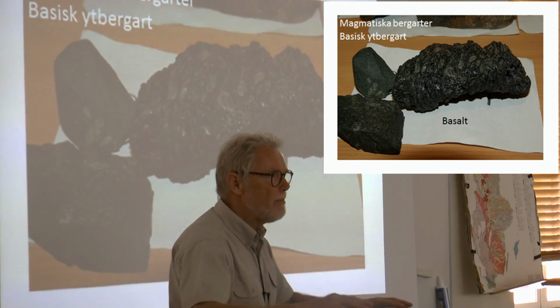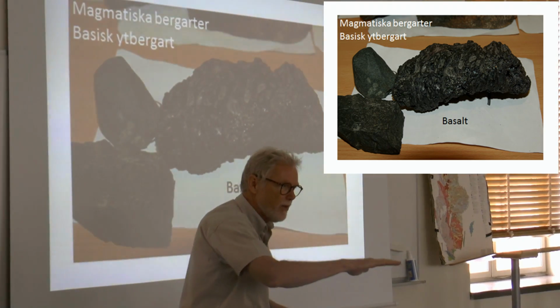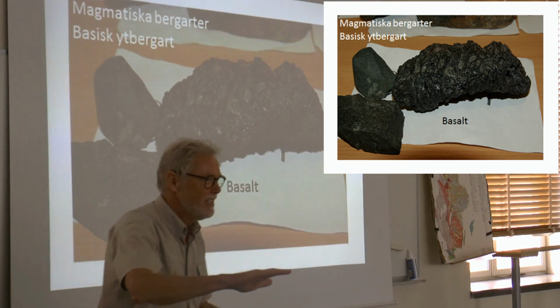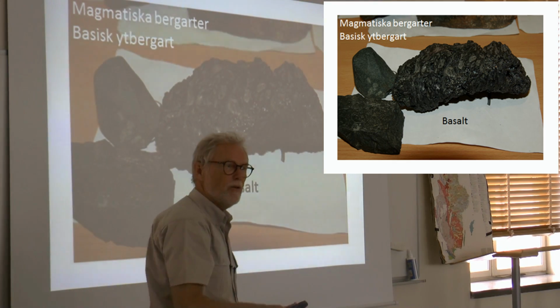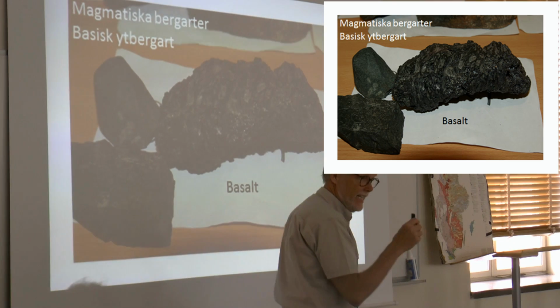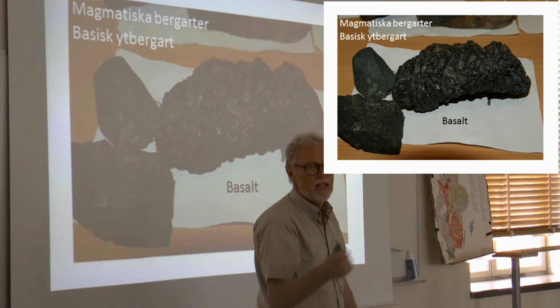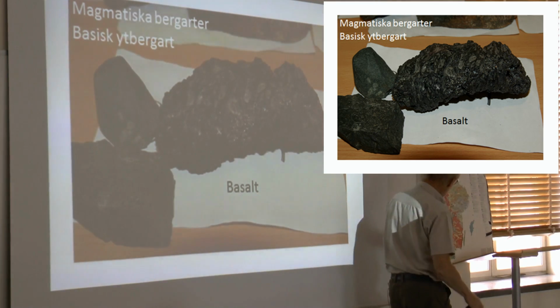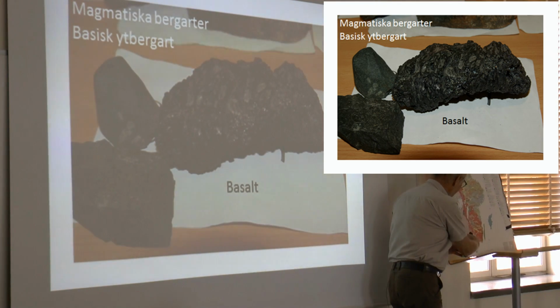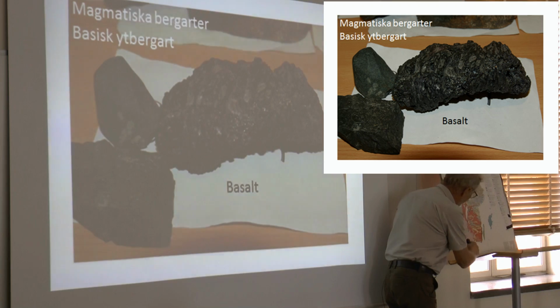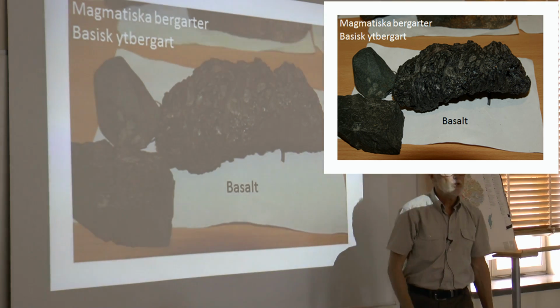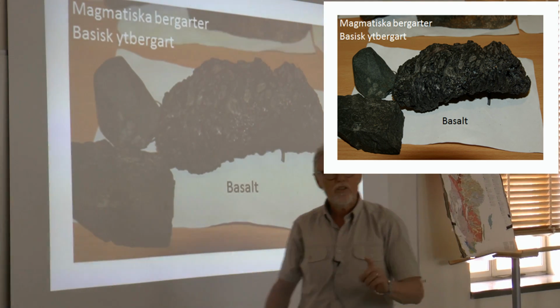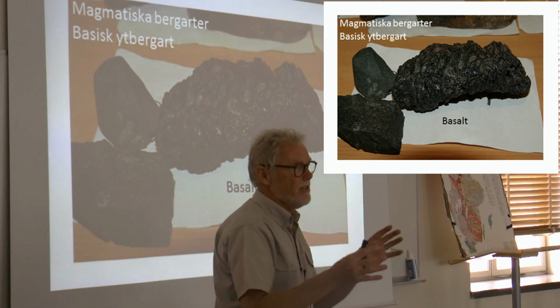They call it a trap because they came in different positions around the world. It's about 200 million years ago, and then we had a very big disaster. At the same time, we had some small disaster 200 million years ago down in the south of Sweden. It is the same diabase.